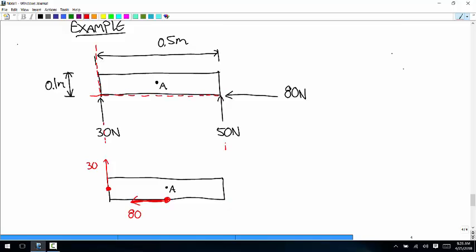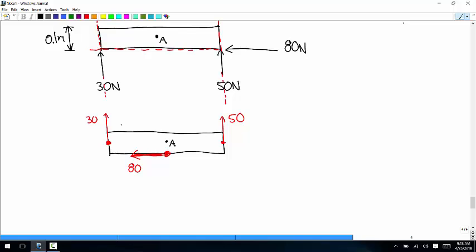And here's the line of action for the 50. And so I'm going to move that to right here. And now each one of these forces is perpendicular to its rho vector. You see that? The rho vectors now are this, this, and this.